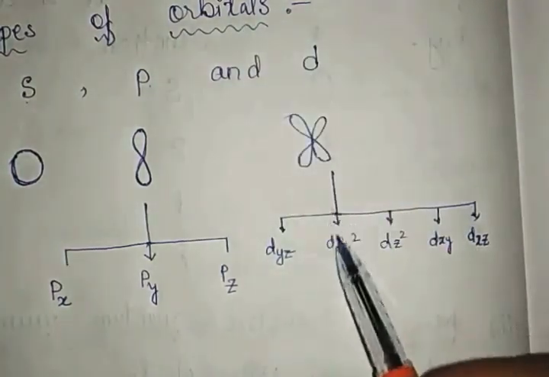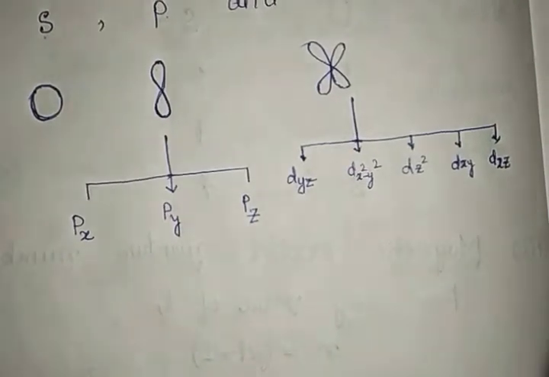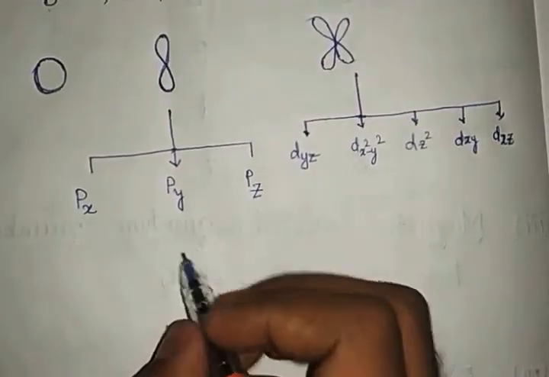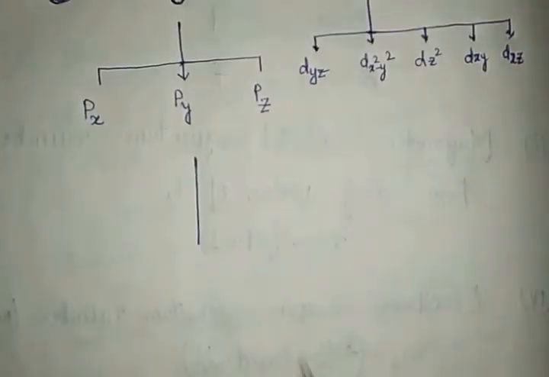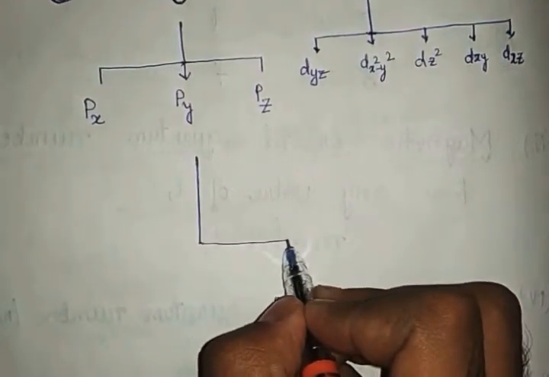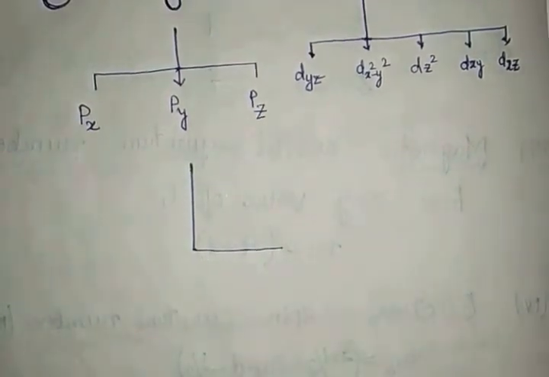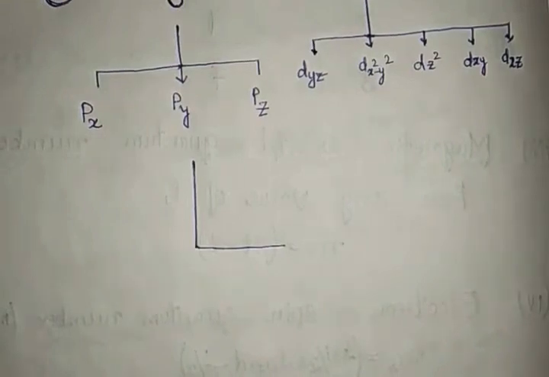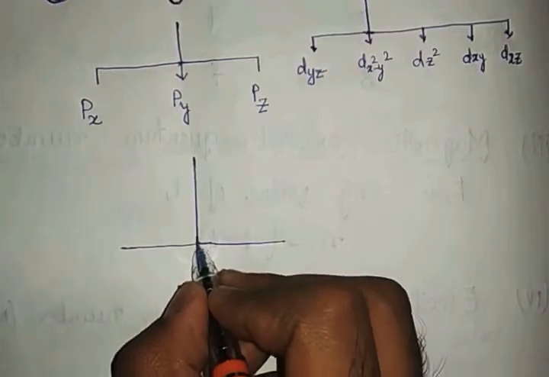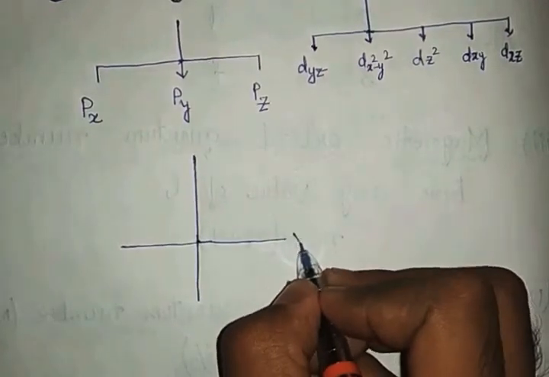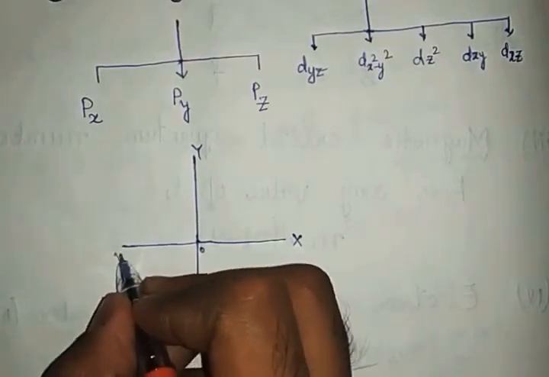The d orbitals are distributed in this shape. Now, what are px, py and pz? Just a basic thing, you know, this is from the coordinates. If this is the y-axis and this is the x-axis, then the px orbital is oriented towards the x-axis.